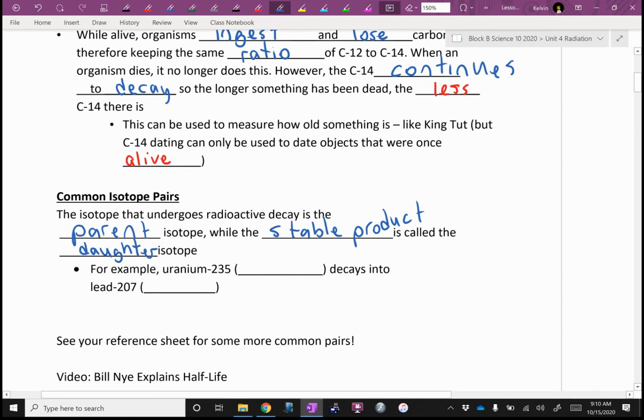And again, if you look at your green sheet, that chart shows you a bunch of common parent-daughter pairs. Carbon-14 decays into daughter nitrogen-14. Uranium-235 decays into lead-207. And once it gets to lead-207, it's pretty stable. Radium-87 decays into strontium-87.